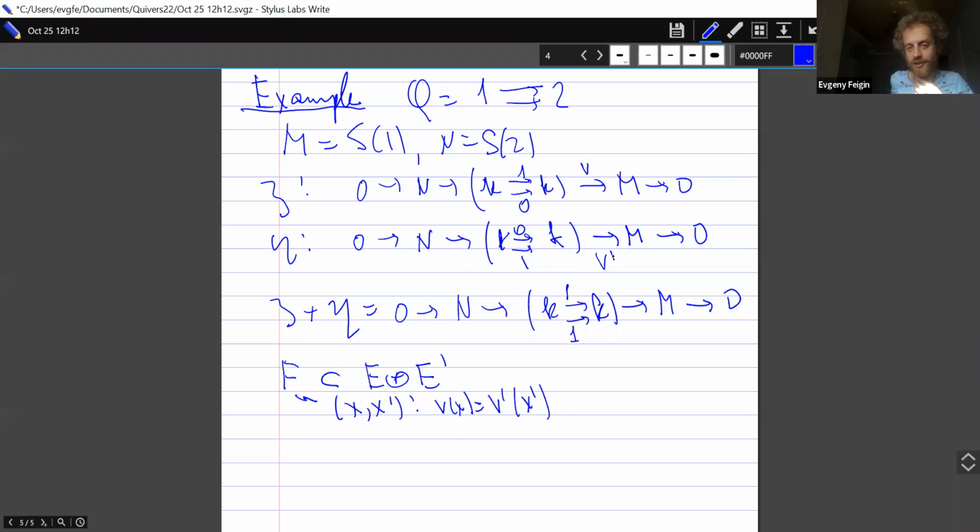So what is V after all? Can you tell me? V is projection onto the first space. Okay, yes, absolutely. That's right. So then, how do we describe this F?